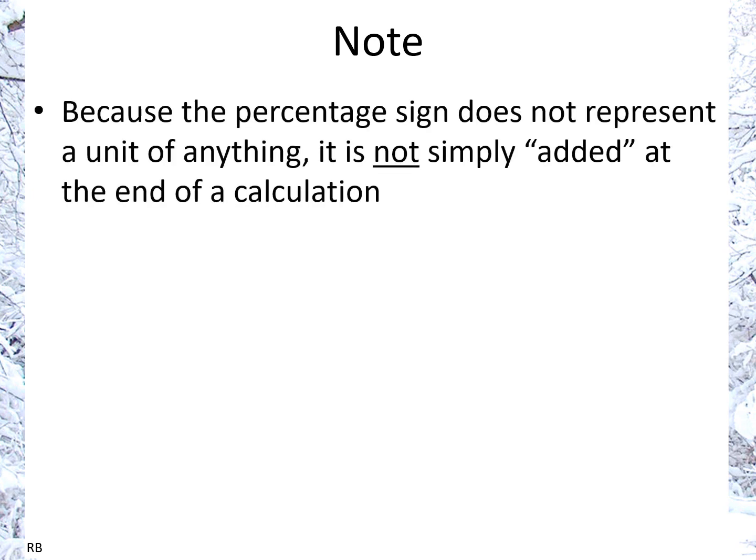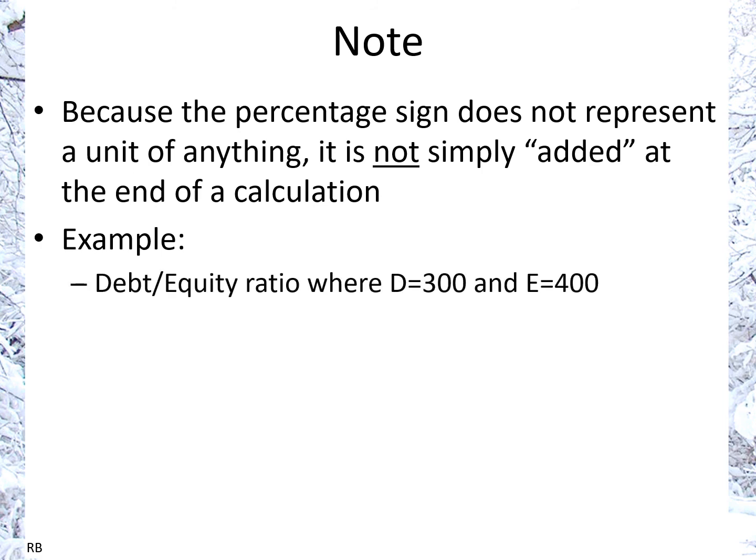So note, because the percentage sign does not represent a unit of anything, it's not simply added at the end of any kind of a calculation. Let's take an example here. Out of finance, we have debt equity ratio, and given the debt is 300 and equity is 400, how do we calculate it? Well, debt equity ratio, you can kind of guess maybe that it's debt divided by equity, and that would be correct.